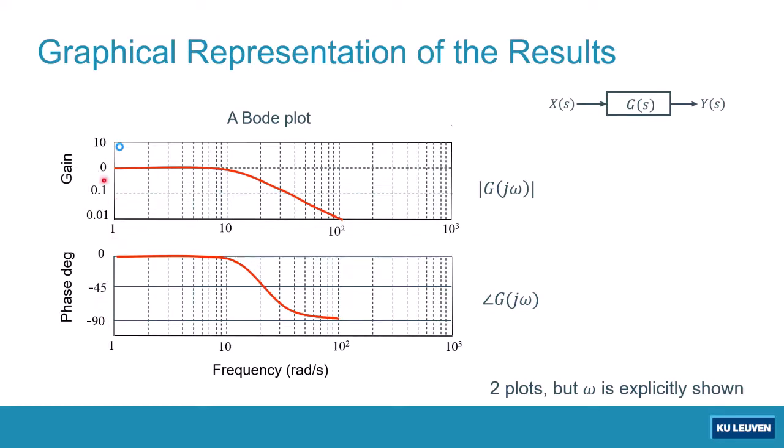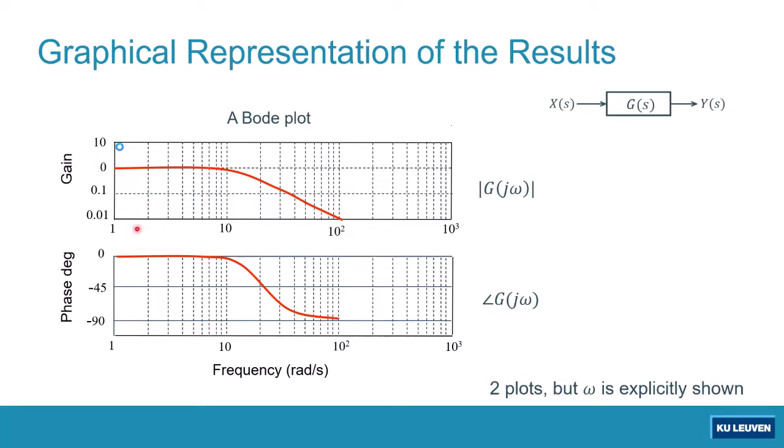But the gain here is drawn not in a linear scale, not in a logarithmic scale, but it is in dB scale. What is dB? dB is 20 times logarithmic scale, right?